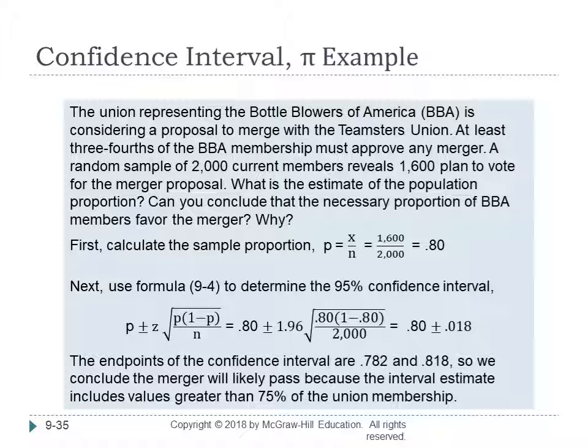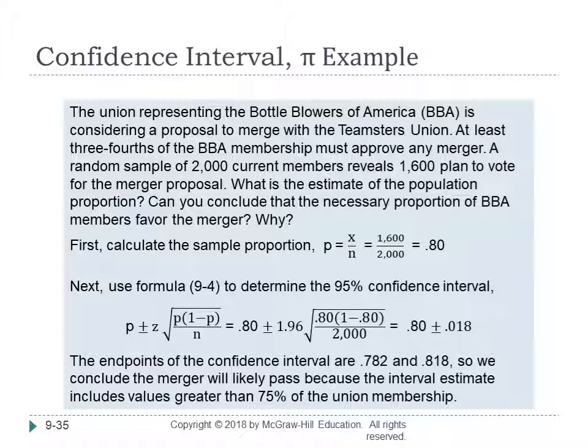Then the confidence interval is p minus or plus z times the square root of p times 1 minus p over n. Plug in those numbers. The z value for 95% confidence is 1.96. If you do the necessary calculations, you will get 0.80 minus or plus 0.018. Subtracting and adding 0.018, you get the endpoints 0.782 and 0.818.